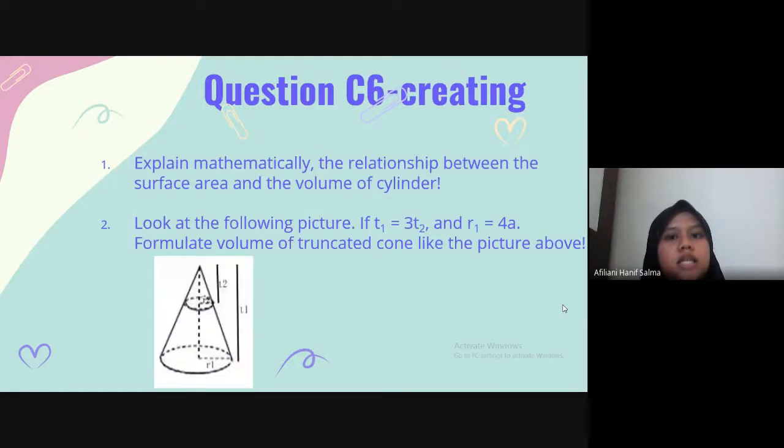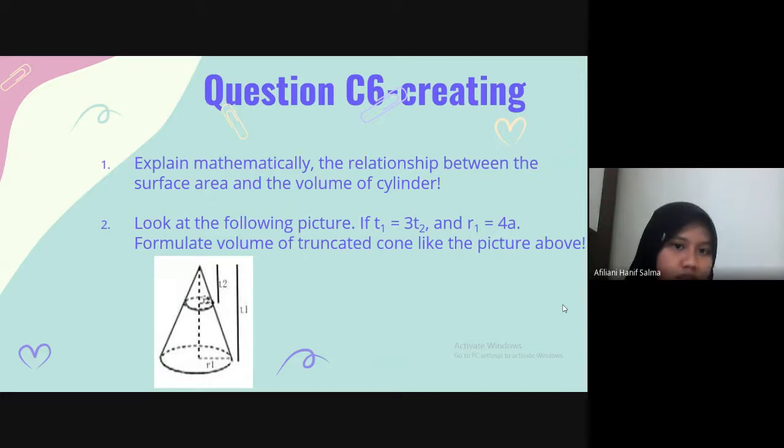The next is question C6, the highest level in Bloom's taxonomy, that is, creating. For the first example: explain mathematically the relationship between the surface area and the volume of a cylinder. The reason is the brain is used to think of new things that can be used to solve problems, for example differentiating a formula that already exists.